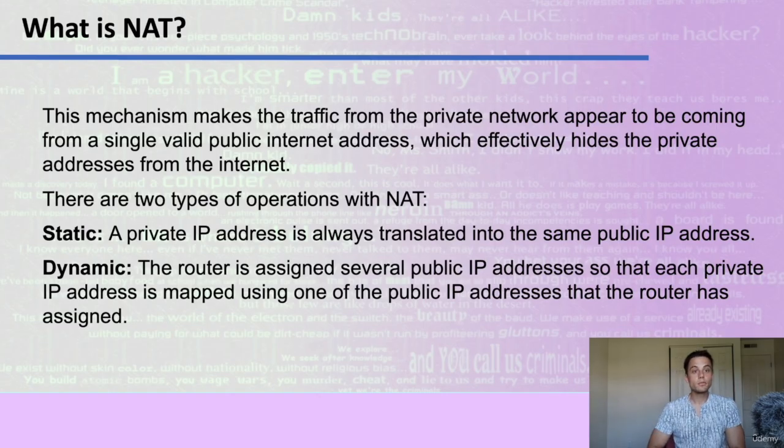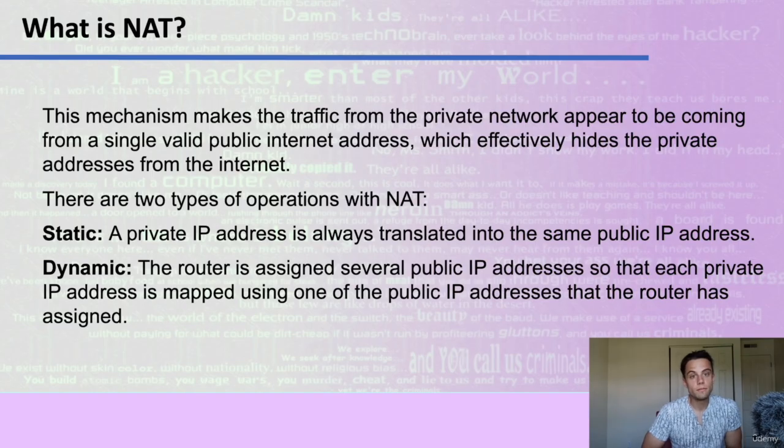So for example, if you want your network to use multiple IP addresses, you can locally use multiple private IP addresses and connect to the internet by only a single IP address. In that way, you are saving quite a lot of public IP addresses that you actually don't need to use, because in your private network you can pretty much choose any IP address for any device.